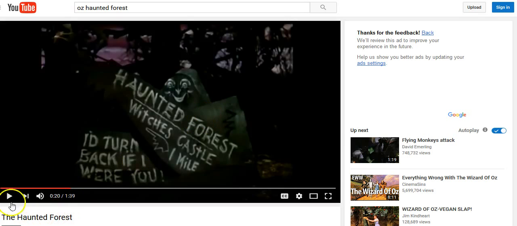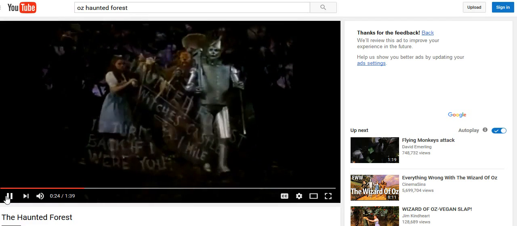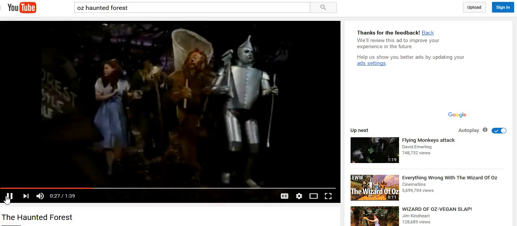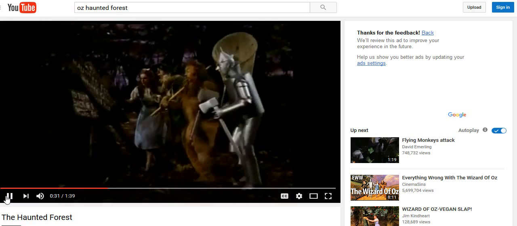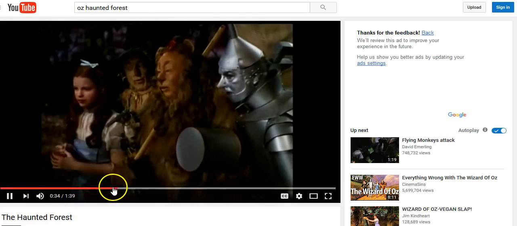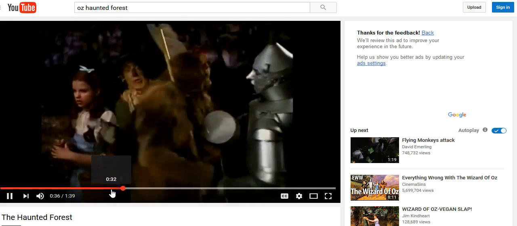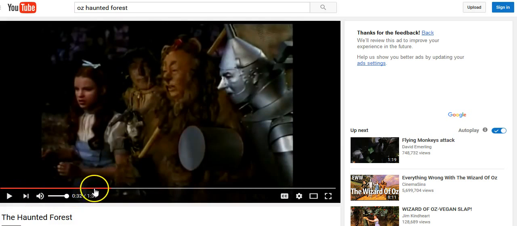Now let's take a look at the clip here from this scene. And pay attention to Dorothy's right arm. Okay, did you see that? And you see the gun there with the Scarecrow. But look at it again. Okay, we'll go back.